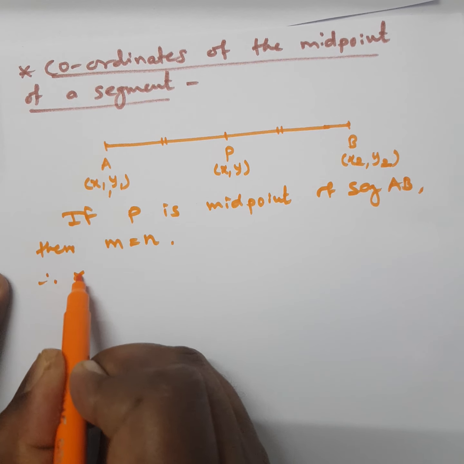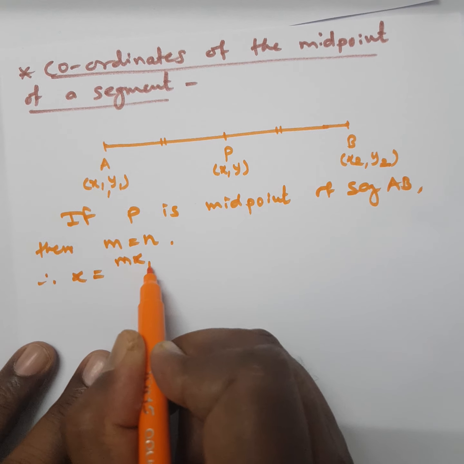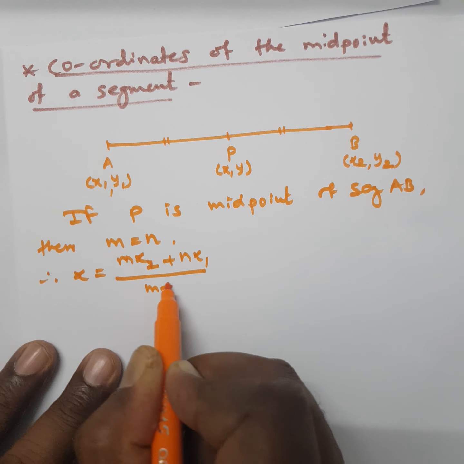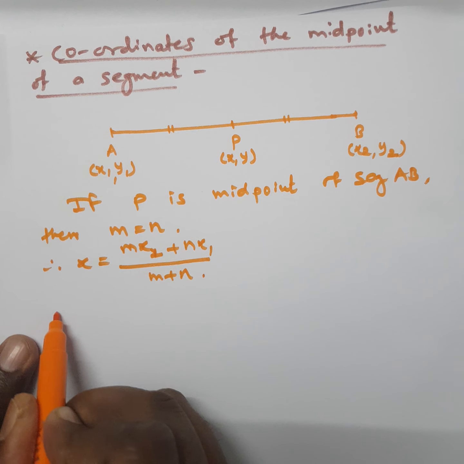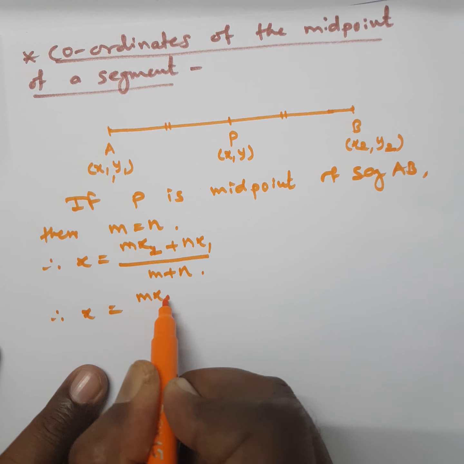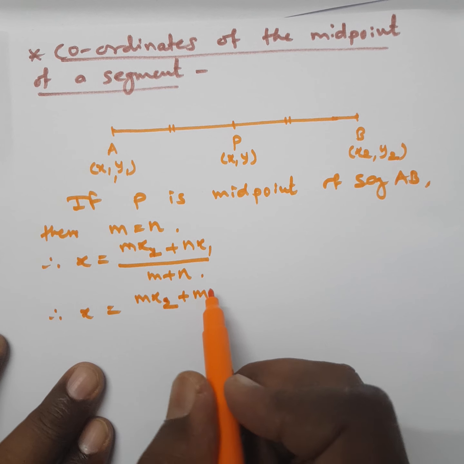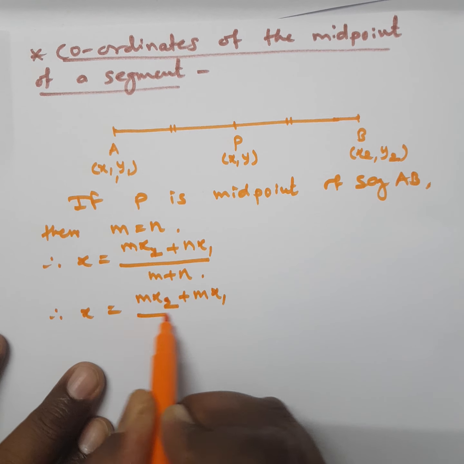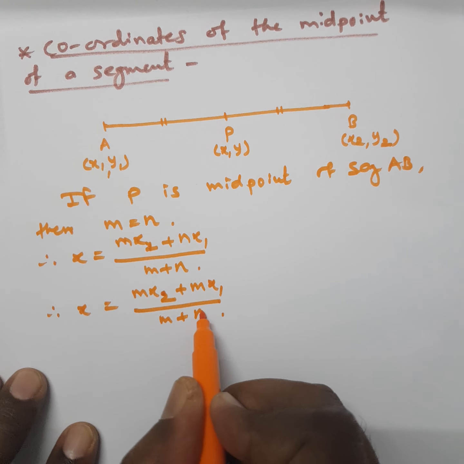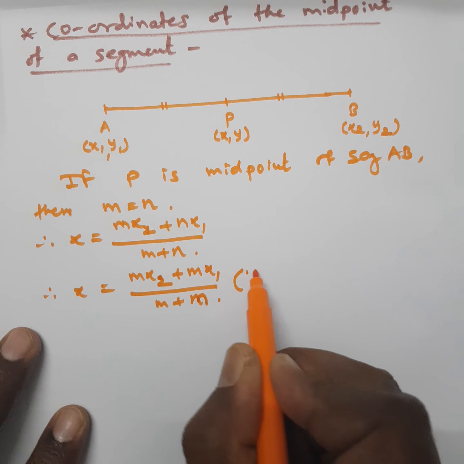Therefore, we know the formula for the x coordinate: (mx2 + nx1) upon (m + n). But as m is equal to n, it will be (mx2 + mx1) upon (m + m). This n will also be equal to m. Why?